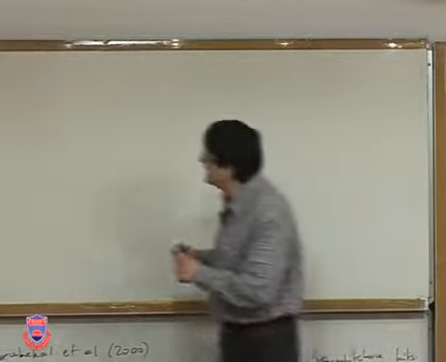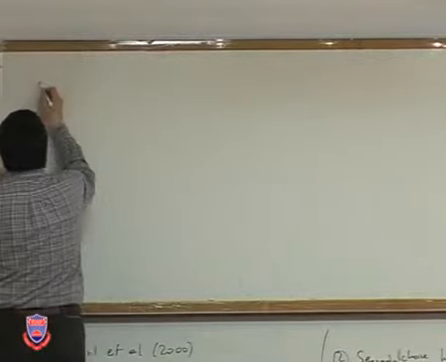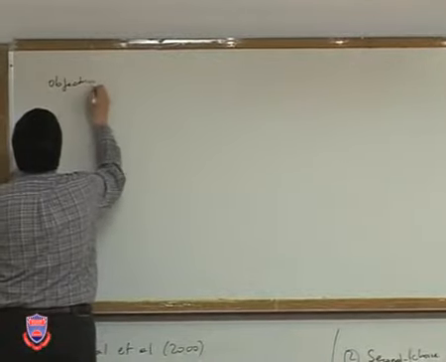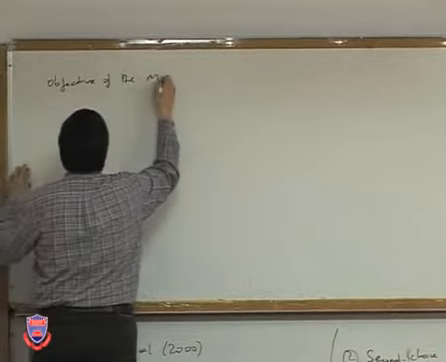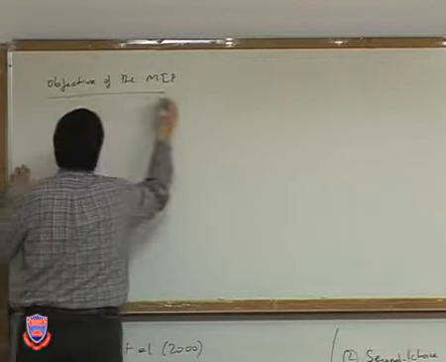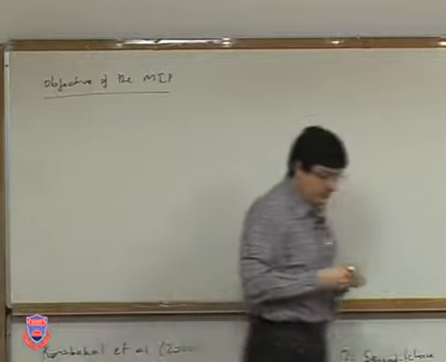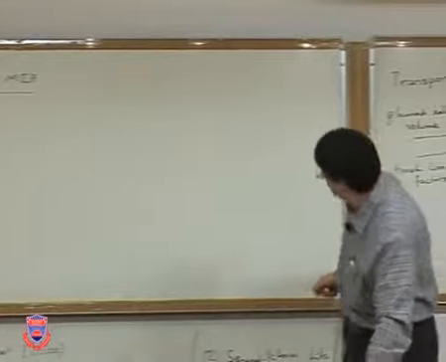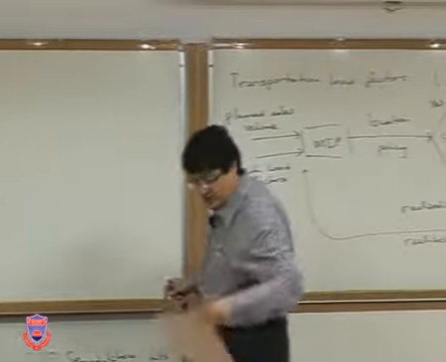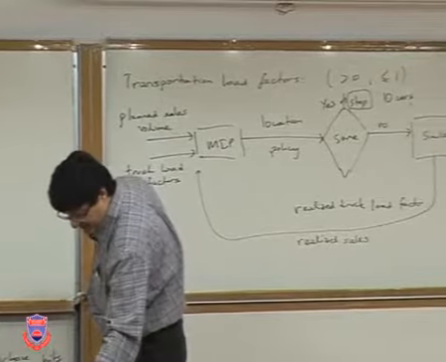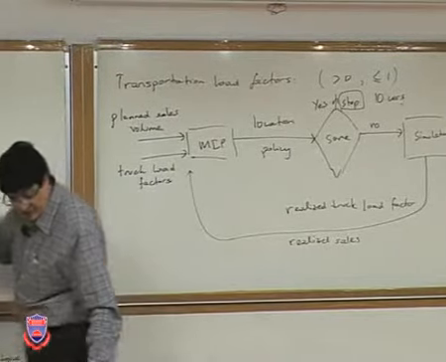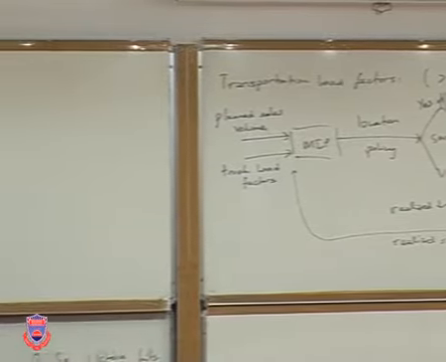Okay. Now, if you look at the objective of the MIP, mixed integer program, you have two places where these two factors are considered. Now, number one, in the objective function, you have a term.